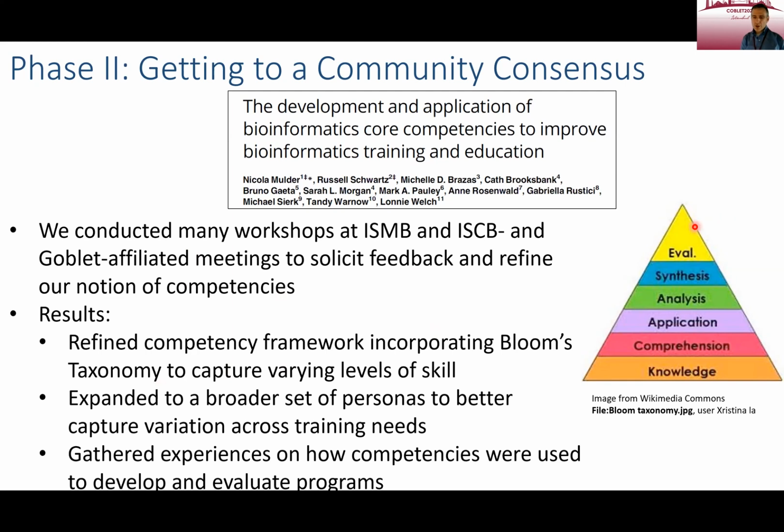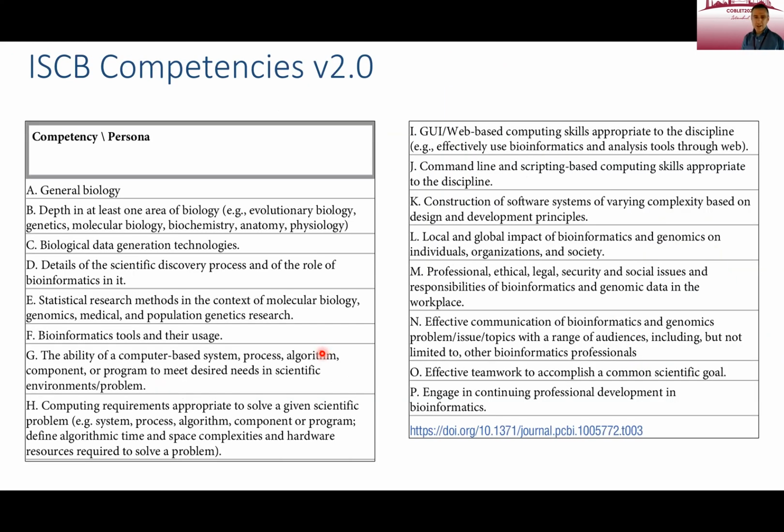We brought in the notion of Bloom's taxonomy as a way of recognizing that different personas might need the same competency at different levels of mastery, broaden the set of personas, and gathered a lot of experience on how these were being used.